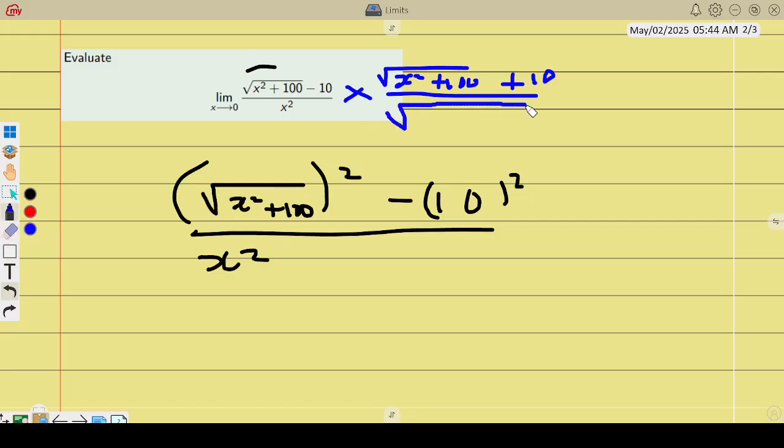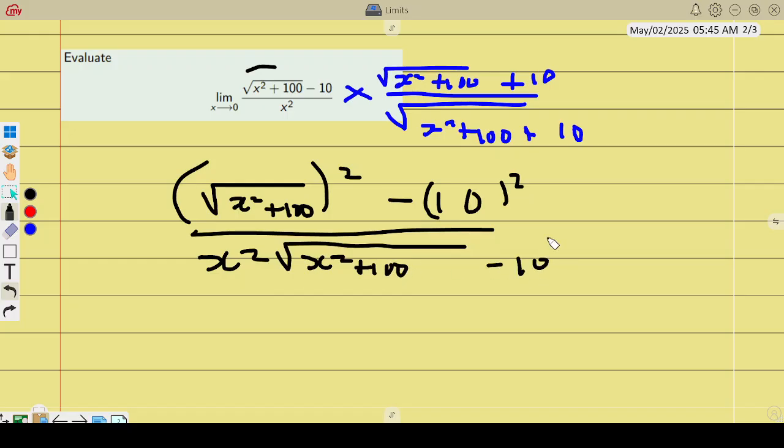It's supposed to be the same thing, x squared plus 100, and then outside we have a plus 10. So this is what we have. So we have x squared plus 100 minus 10.